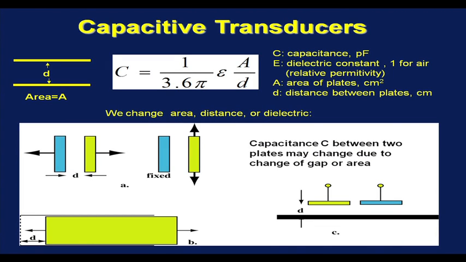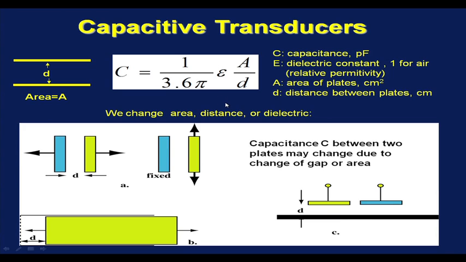Let us now briefly talk about capacitive type transducers. We are familiar with this equation for capacitance, which relates capacitance to area of plates, distance between two plates, and the dielectric constant or relative permittivity.